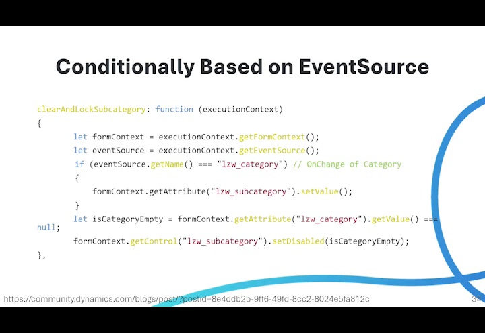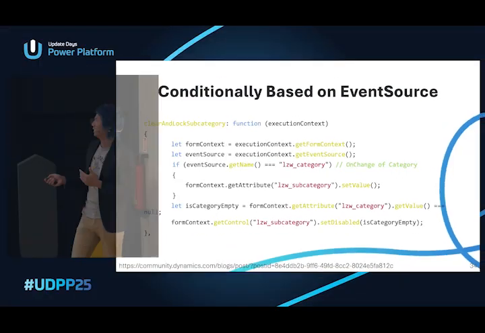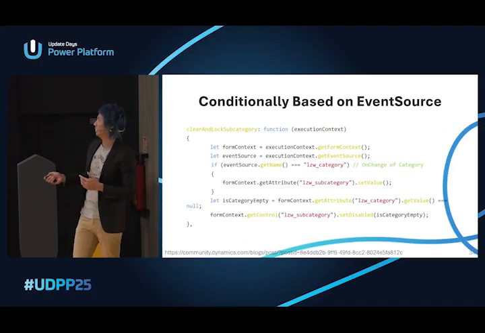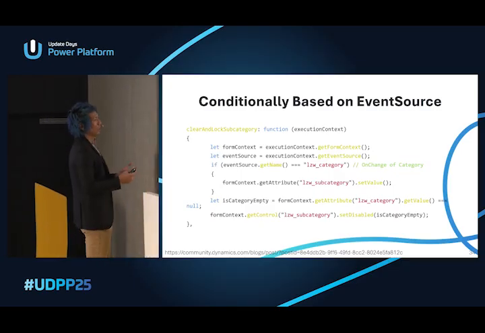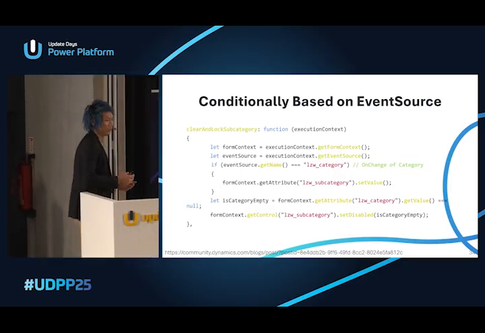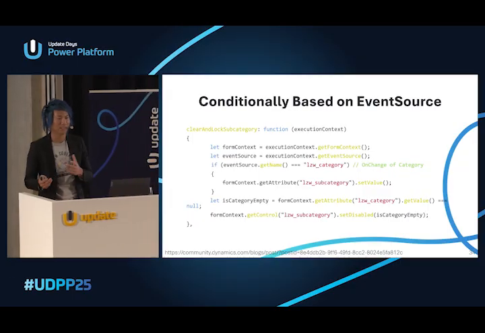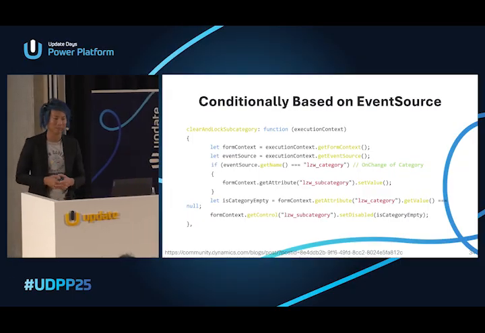Or you check for the onChange event: the event source has getName, so it comes as a column object. So you get getName, and you get from which column it is coming. So you can check whether this is an onChange event, and then you can dynamically set the value. So that is how you can reuse the same function and specify it at different event sources.